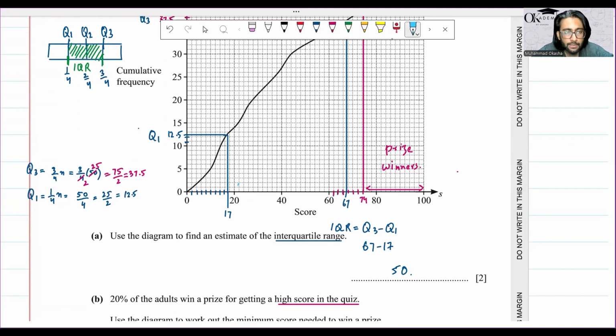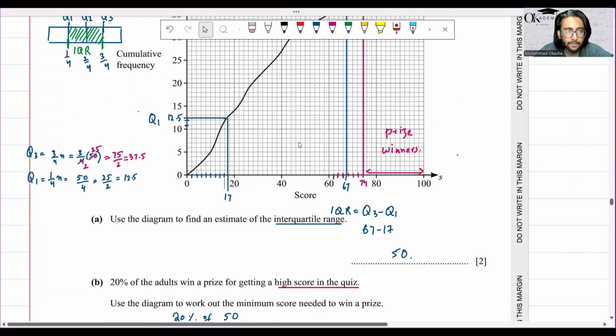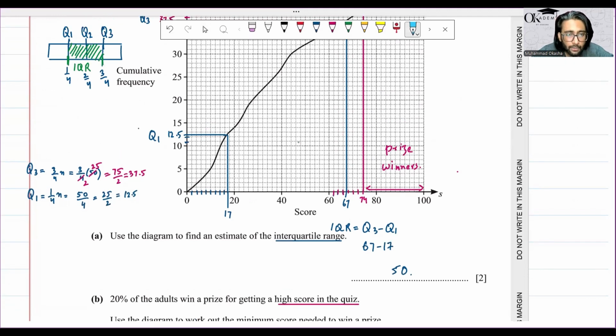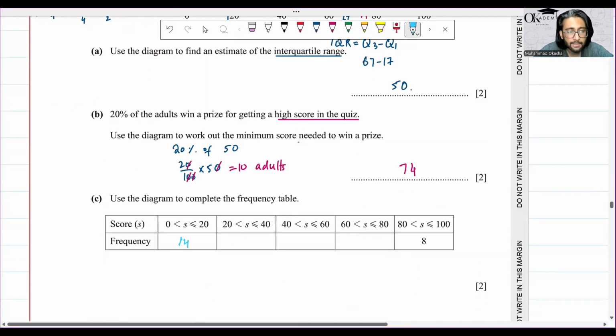So when the score is between 0 and 20, what's the frequency? Okay, so the frequency from 0 to 20, I think, would be 14, right? So 0 to 20, its frequency is 14.